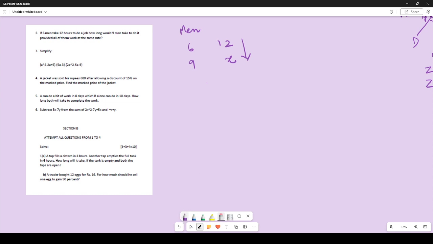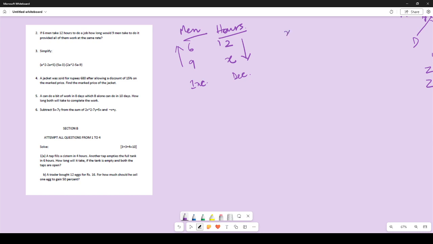This should actually be hours, right? So if the number of men is increasing, will the number of hours also increase or decrease? So if the number of men increases, this decreases. That means this is inverse variation. So the arrows go in opposite directions.